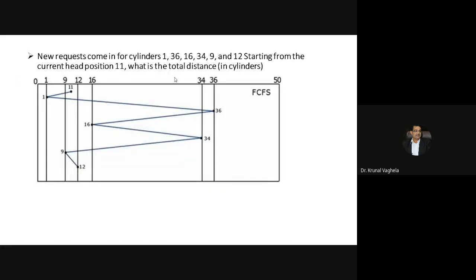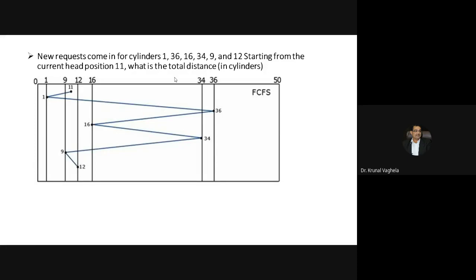This is the second example. Let's do the example. Can you find the total request? Take 2-3 minutes, and the diagram is already given to you. You find the total distance traveled. Now the cylinders are 0 to 50.